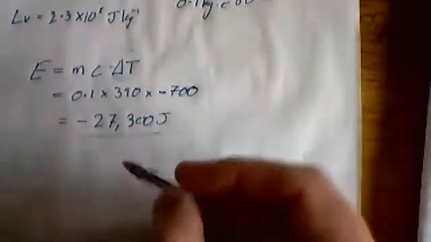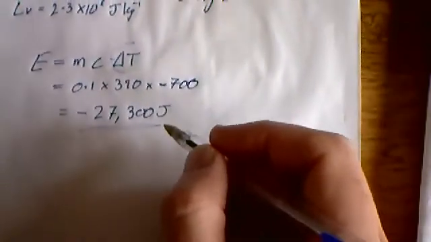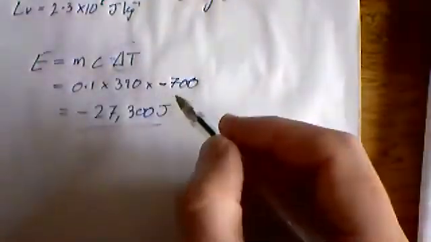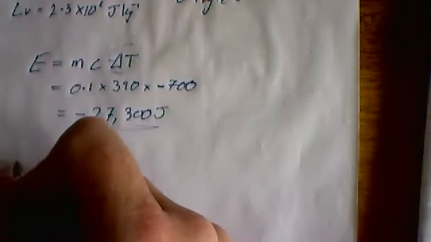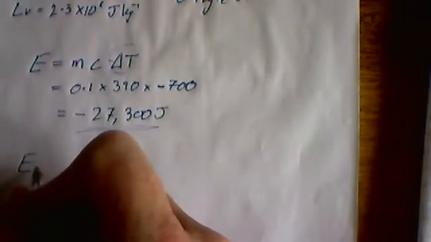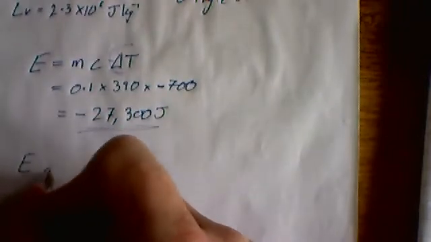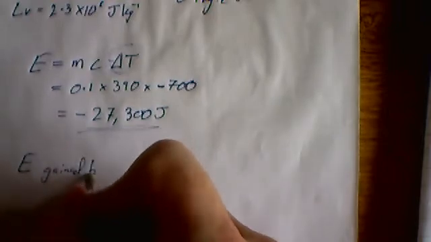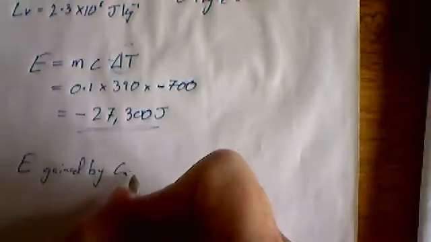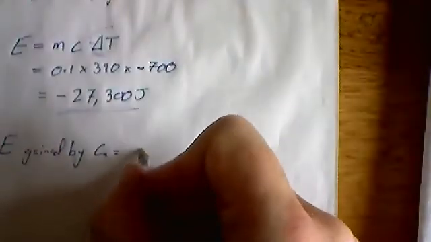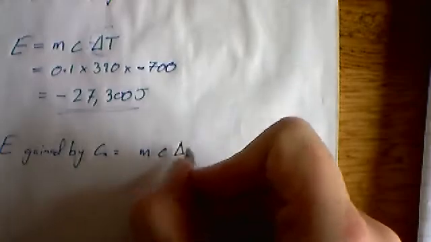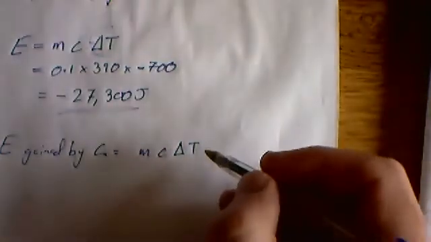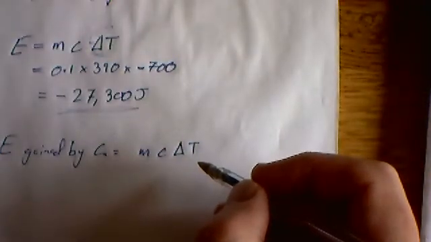So the water's going up to 100 degrees and the copper can's going up to 100 degrees. They're starting at 80. So the energy gained by the copper, Cu, is going to be mass times the heat capacity times the change in temperature, but it's only going up 20 degrees because it's starting at 80 and going up to 100, at which point the water's boiling.